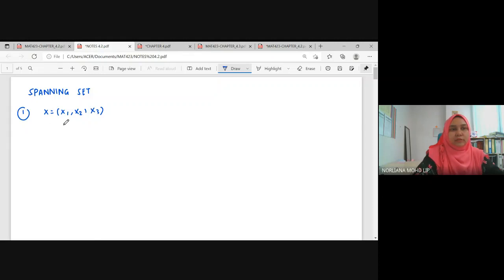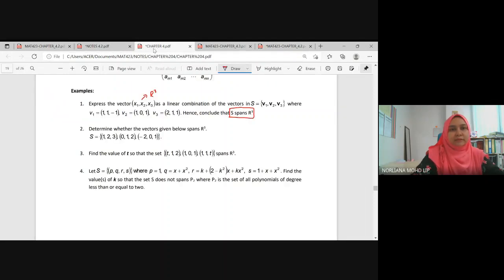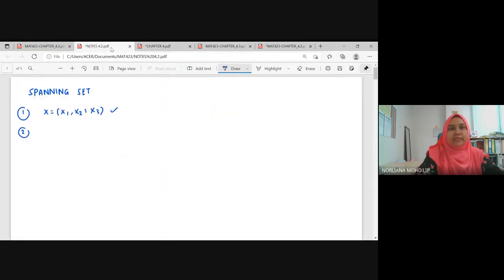Given here. So the second step, we use the linear combination of the vectors in S. In the previous lecture we have learned the linear combination. So the equation for linear combination is x equal to c1 v1 plus c2 v2 plus c3 v3.